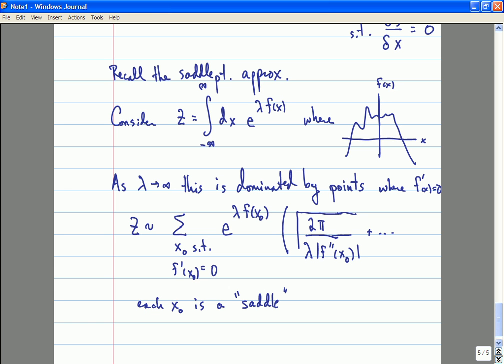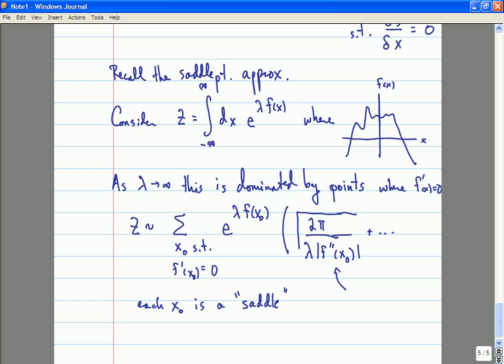You would see it in f double prime. Indeed, if you squash the function by a factor of 2, f double prime will change by a factor of 2. So that's where it would come in. Like I said, in the large lambda limit, this is just an approximation to the function, and if you ignore all of the subleading terms, you're throwing away a lot of information about the function. Good question. Other questions?